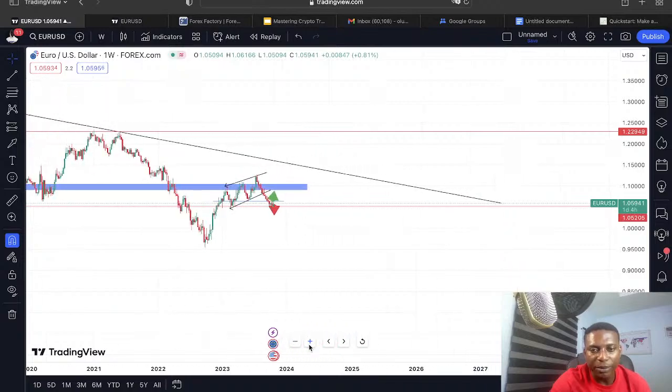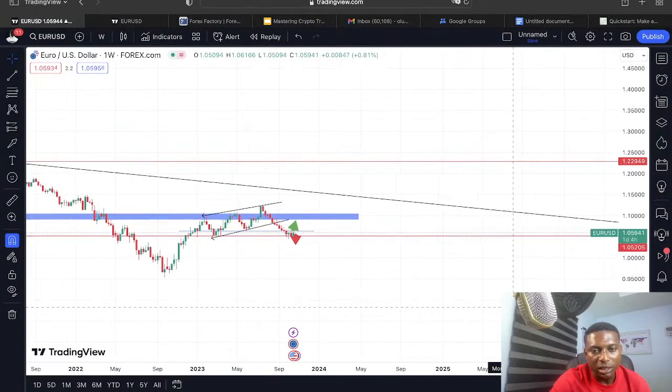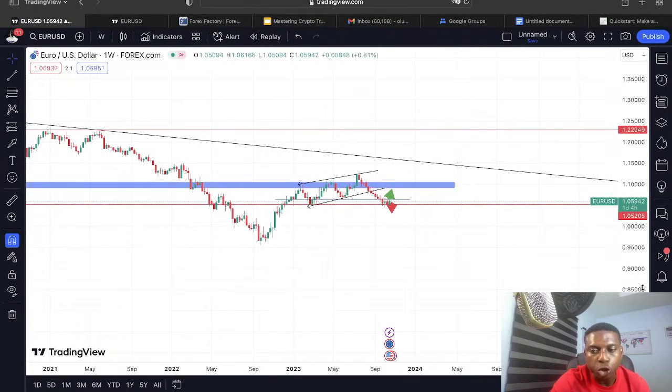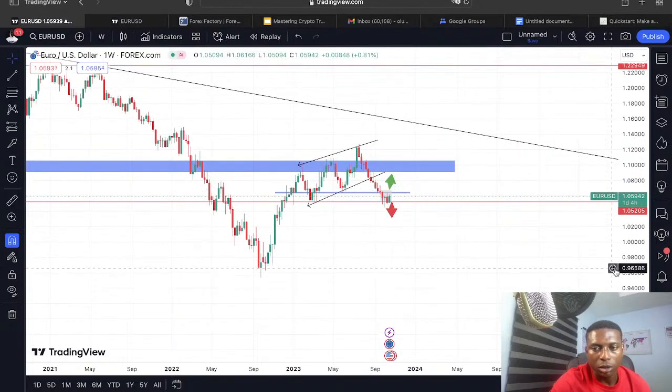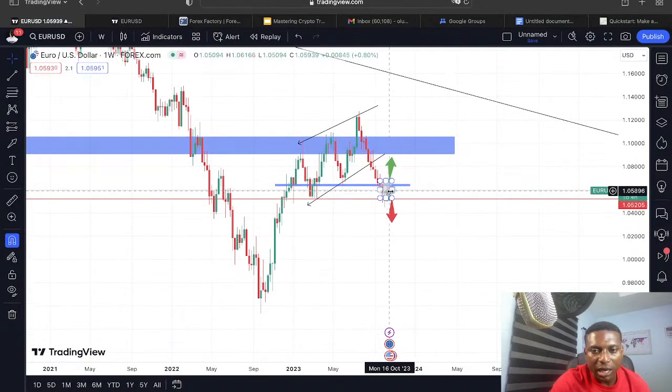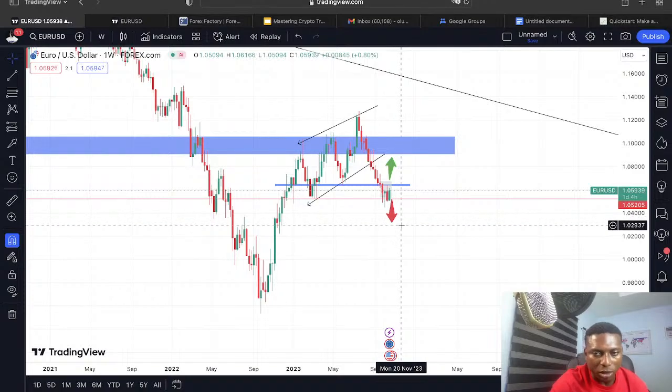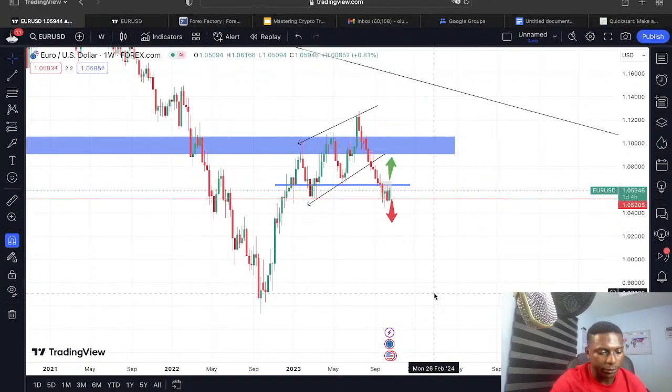If you wait for a breakout of this level, then you short at the retest. So imagine you wait and price breaks out downward and comes back to retest here, then you can short the market. Always prepare to take your trades, most preferably after a breakout.